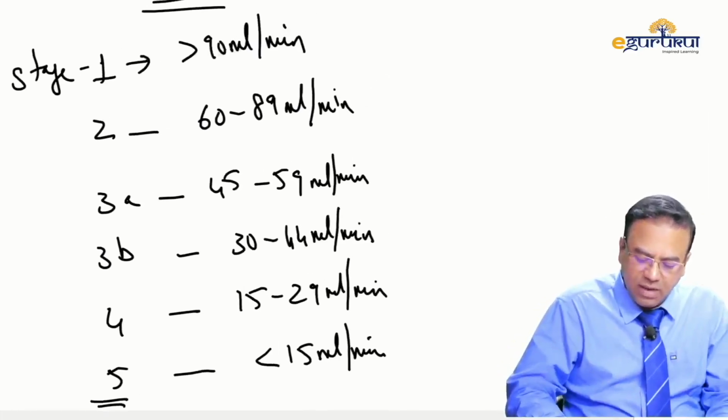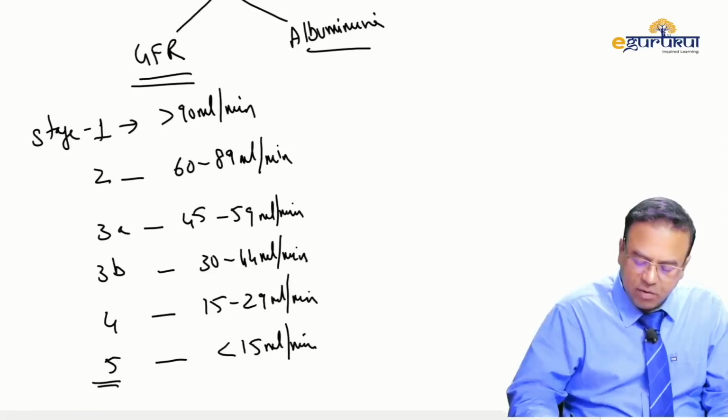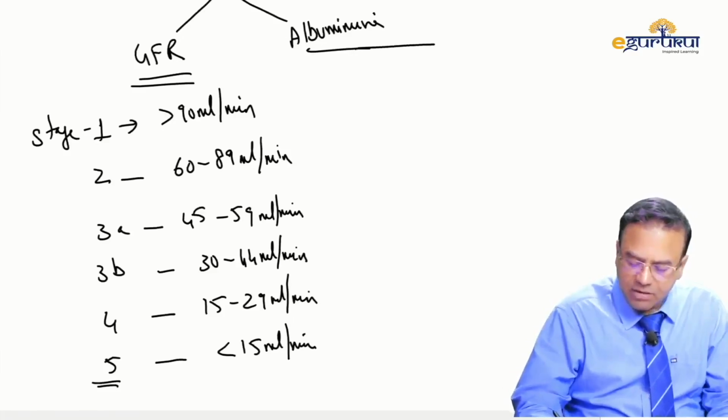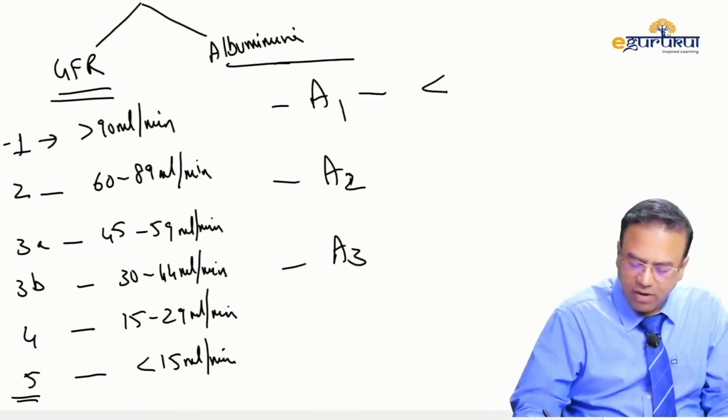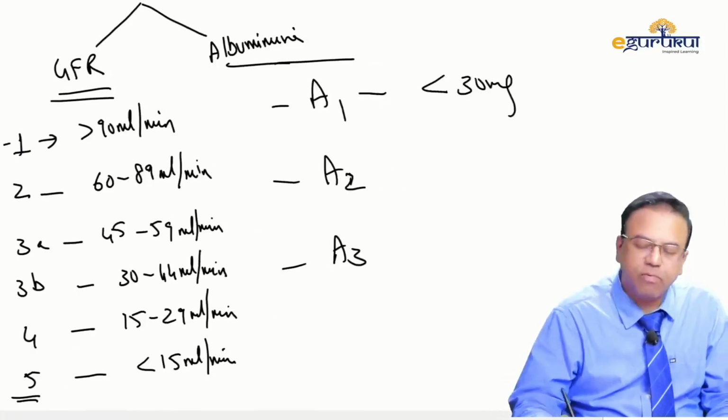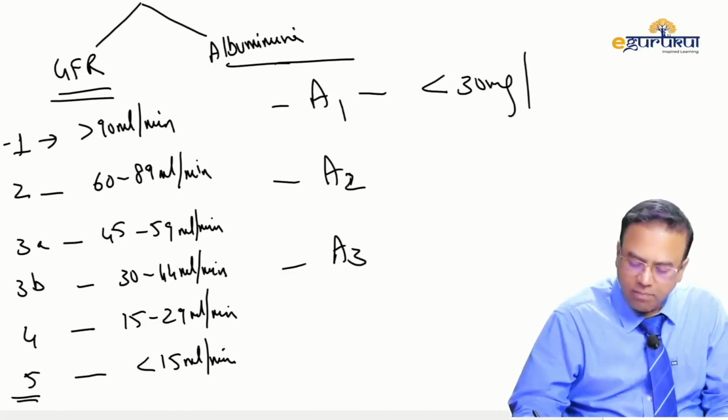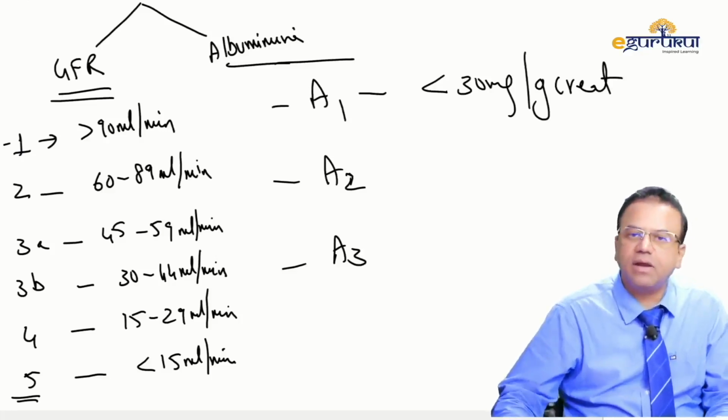So one is we are looking at the GFR. The other is we are looking at albuminuria. Albuminuria is classified as A1, A2 and A3. A1 is if the urine albumin is less than 30 milligrams in 24-hour urine, or per gram of creatinine if you compare, it's less than 30. This is the spot albumin creatinine ratio, right?